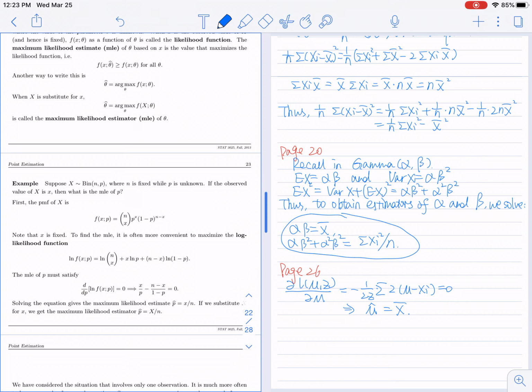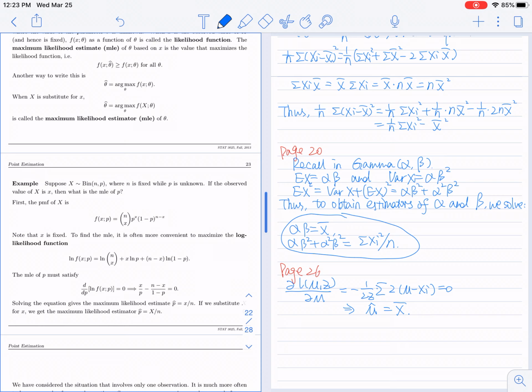Another example. Suppose that we have a random variable x that follows a binomial distribution with n and p. And n is fixed and known, but p is fixed and unknown. And we observed a value small x. Now we want to have an estimator of p.